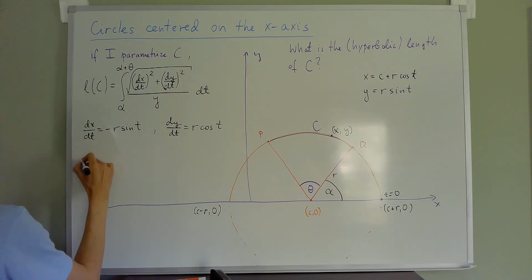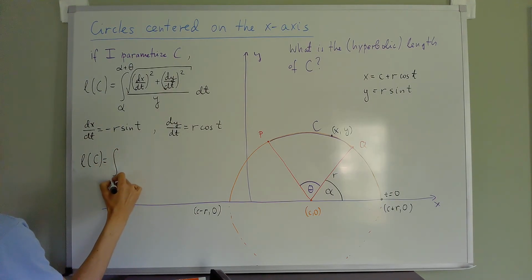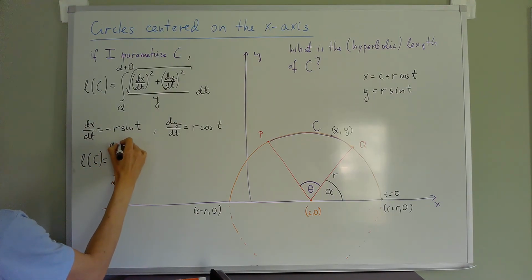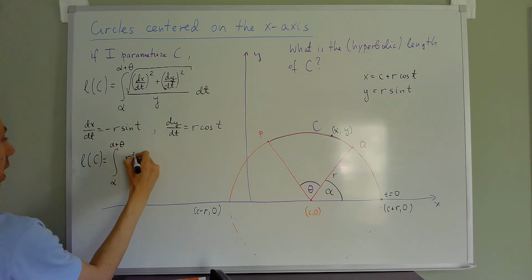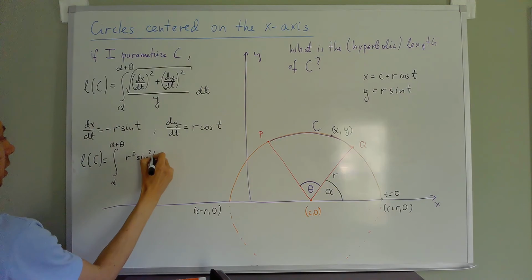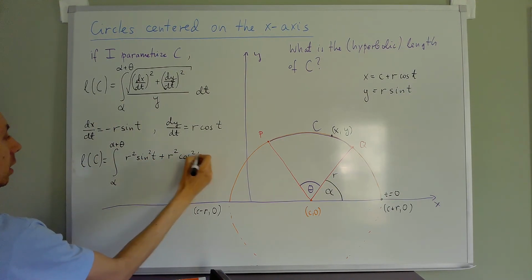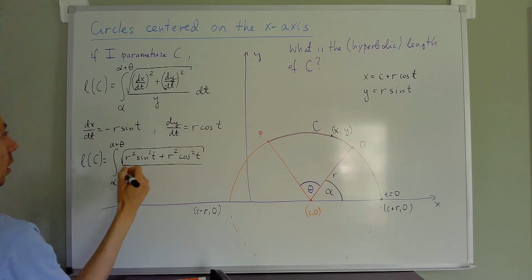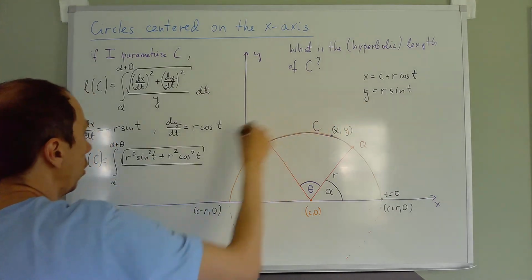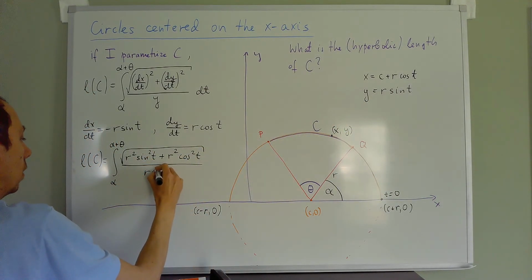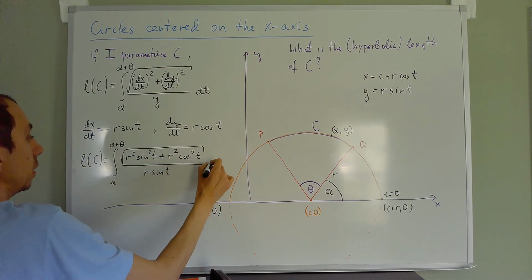So the length is going to be the integral from alpha to alpha plus theta of the square root of r squared sine squared t plus r squared cosine squared t, divided by, what's y? Well, y is just r sine t, dt.